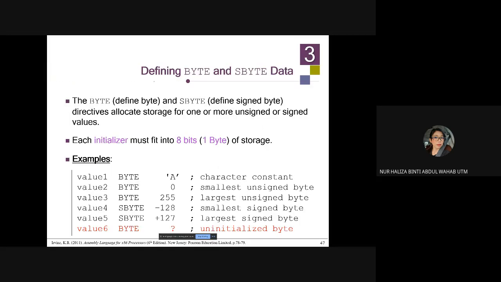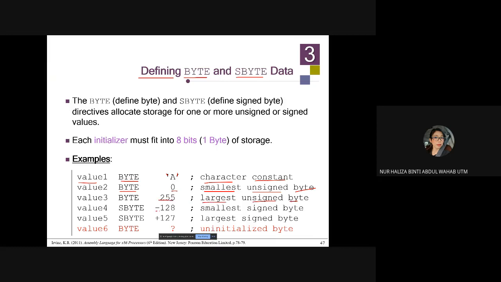So next is defining bytes and signed bytes. Over here you have an example value, which is a byte. This one is a character constant. And you have another byte, which is the smallest unsigned byte, and then you have the largest unsigned byte. This is the value.